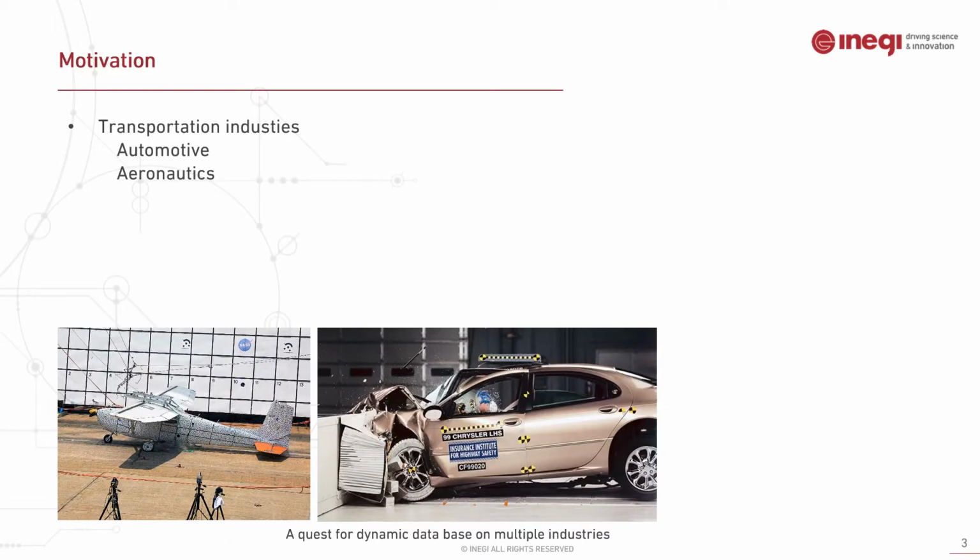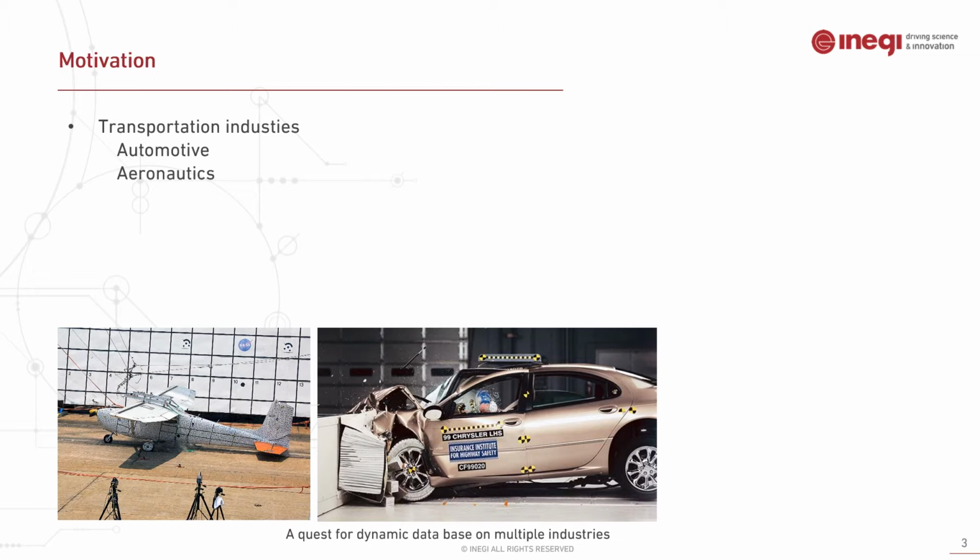The motivation of this work is to understand response of materials subjected to impact. It is known that the materials can demonstrate different responses when they're subjected to higher strain rates.